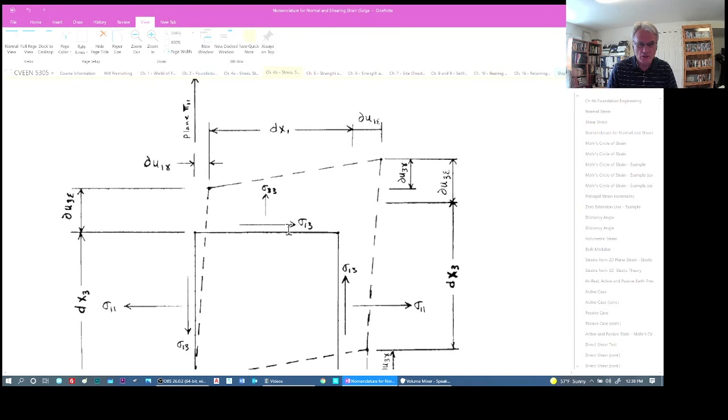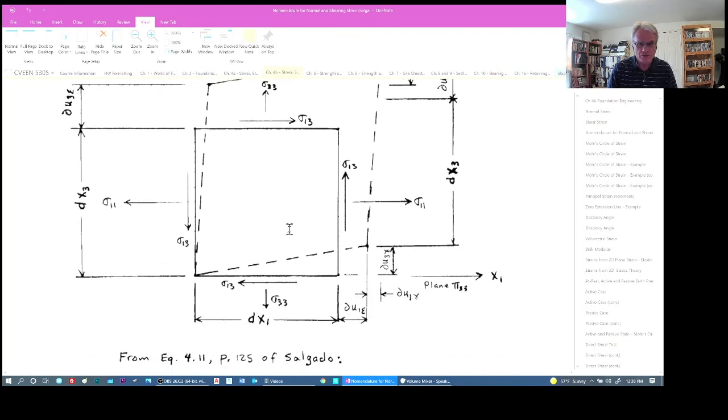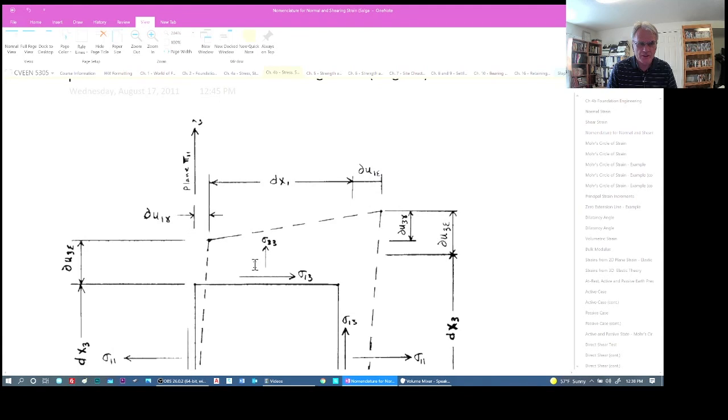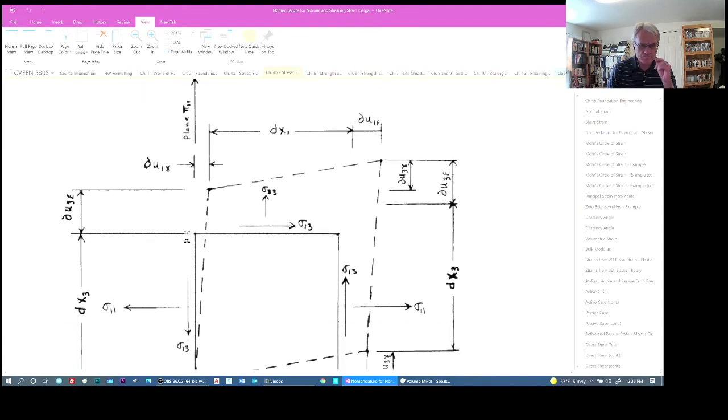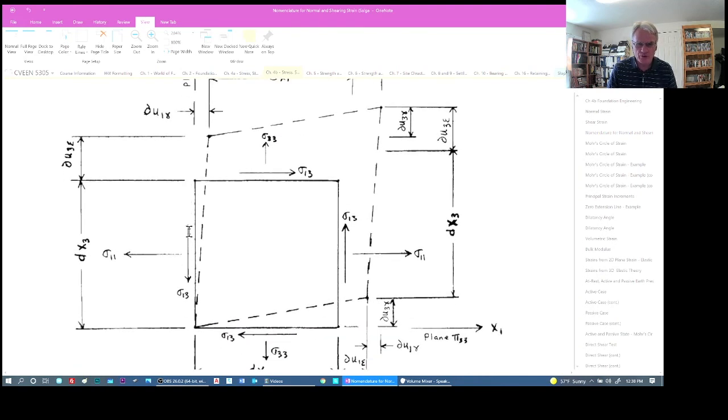I will enlarge it just slightly here so that you can see again the original dx1, dx3, displacements in the normal directions here and here, and then displacements that would cause distortion or shear, du3 gamma here and du1 gamma. So just keep this in mind whenever you look at this diagram.